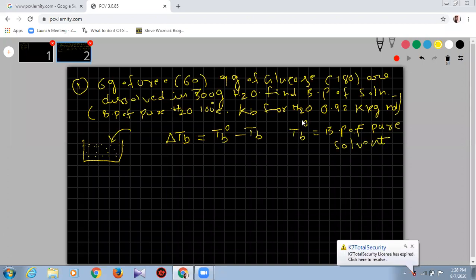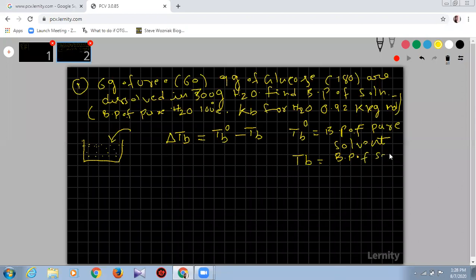Anywhere a superscript is there, that means it's pure, with no solute in it. TB is the boiling point of solution. In any book, this is the notation they follow: a superscript means pure; no superscript means it's a mixture, that is, some solute was added.